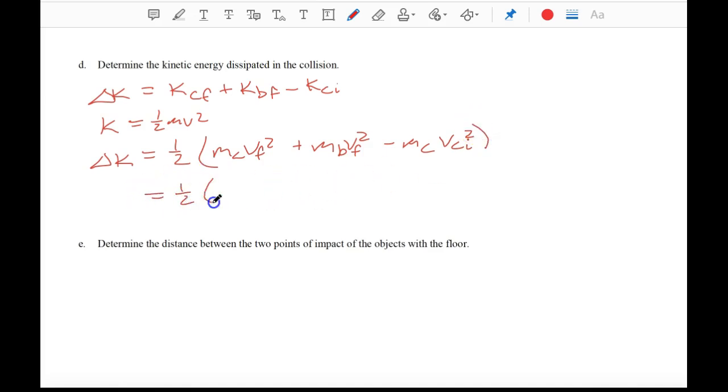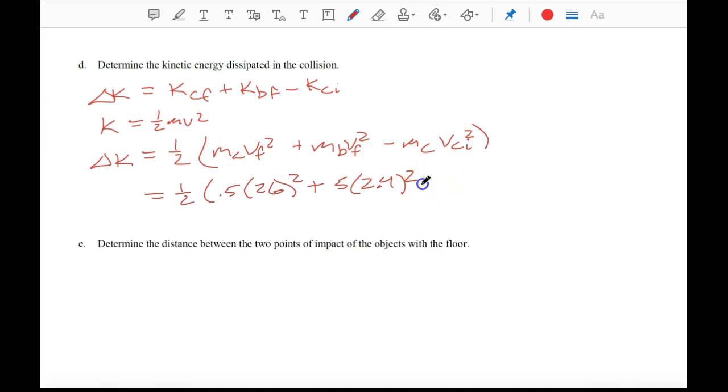So this is 1/2 of 0.5 kilograms times 26 meters per second squared plus, I'm sorry, this one is 5 kilograms times 2.4 meters per second squared.